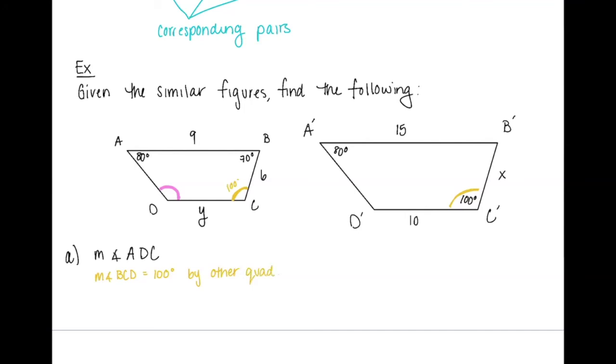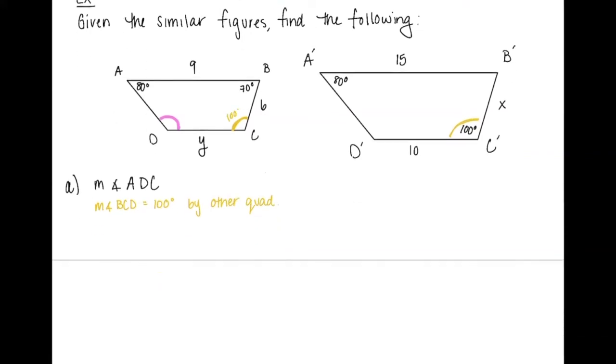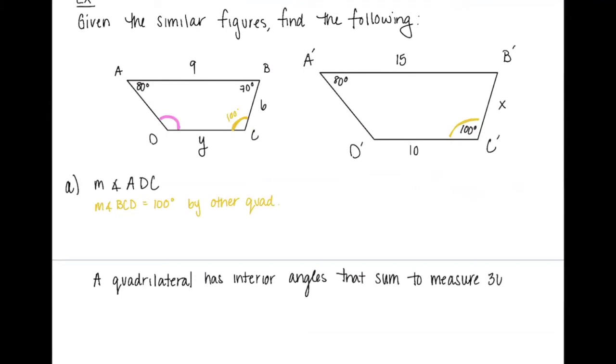Now that I know that one's 100, I can use the fact that a quadrilateral has interior angles that sum to 360 degrees.